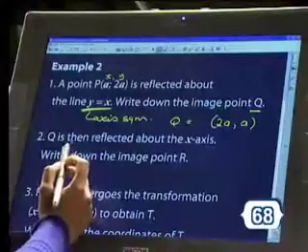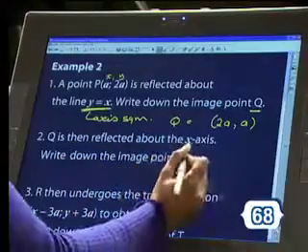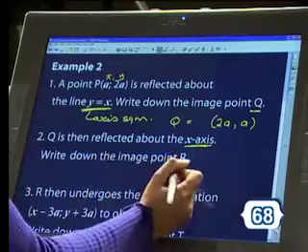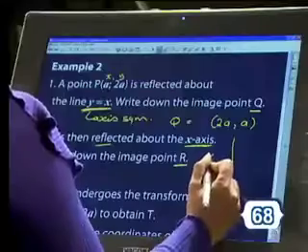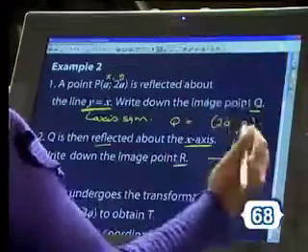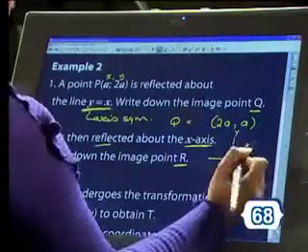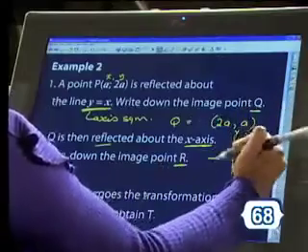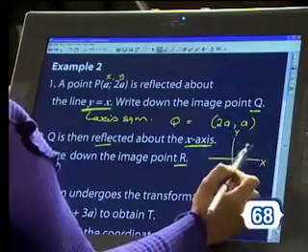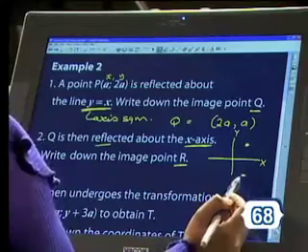So in part 2 of this question, Q is then reflected about the x-axis, and we are asked to then write down the image point R. Now, whenever you have a reflection in the x-axis, so if I draw you a set of axes, that being your y and that being x, if I have a point in the first quadrant and I reflect it in the x-axis, all that's going to happen is your positive y values are going to become negative.